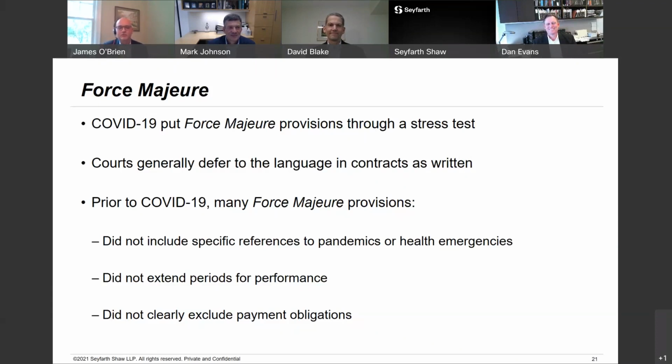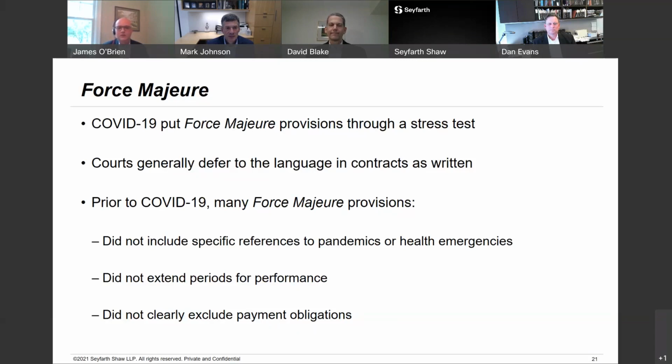So let's talk force majeure, as people have mentioned that frequently came up during the pandemic, certainly did in the leasing world. A lot of the cases that we saw were retail related, where tenants were forced to shut down. So in general, COVID-19 basically put force majeure provisions through a stress test.